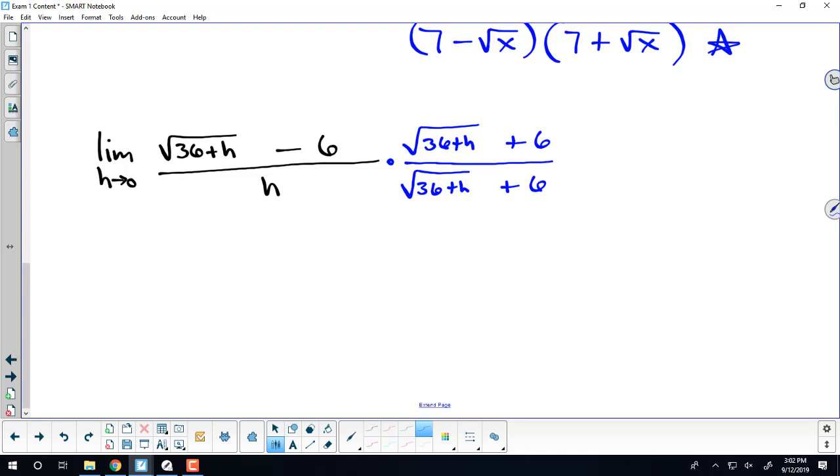Remember, the issue here was the h approaching 0 on the bottom, so don't distribute that through the bottom on this other part. We'll just leave that as is. So our denominator will just be all of this stuff.